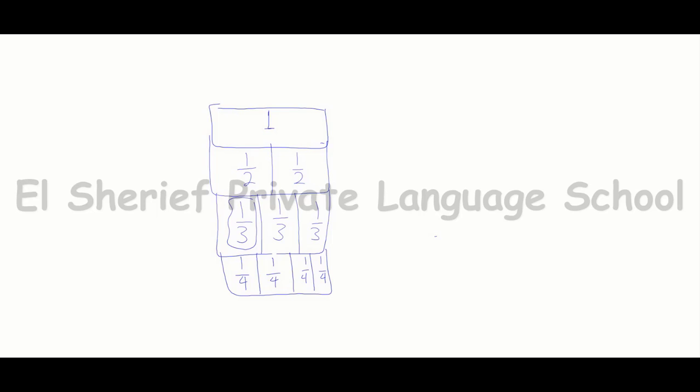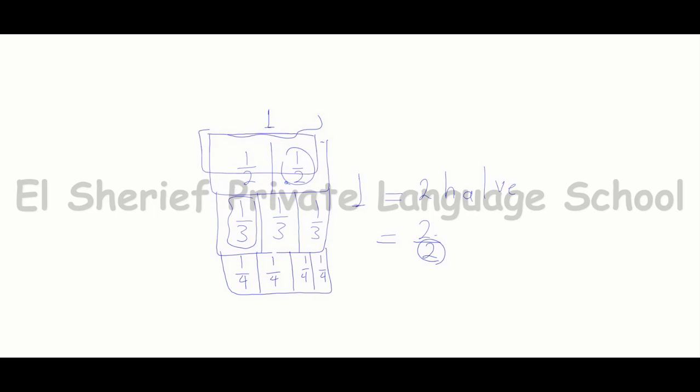So the whole one equals what? It equals 2 halves. This means 2 over 2. Here we have 1, 2, so 2 parts. If we want to describe a whole one like this, we add this part to this part.